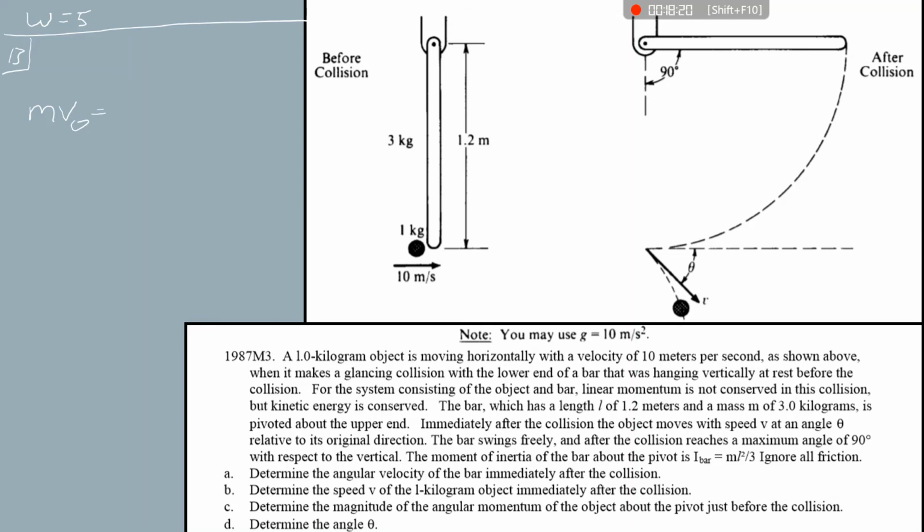So it's like one half mv square is equal to 1/2 mv square and then rotational kinetic.